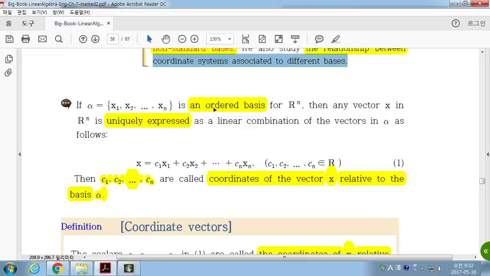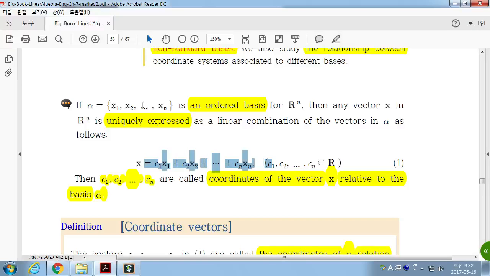If alpha is an ordered basis of Rn, this ordered basis is important. Like e1, e2, ..., en, the basis has an order. Then any vector x in Rn is uniquely expressed as a linear combination of the vectors of this ordered basis.